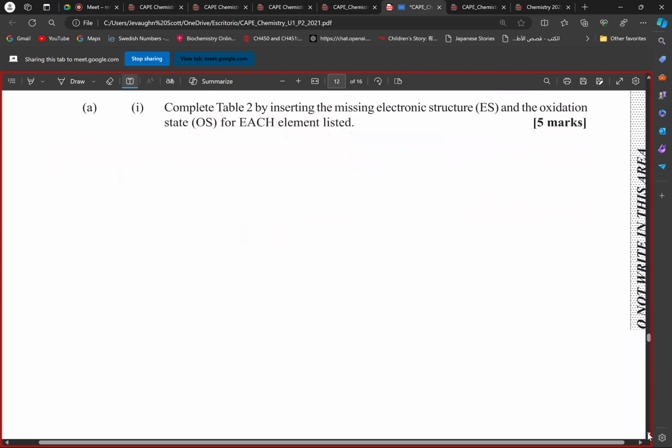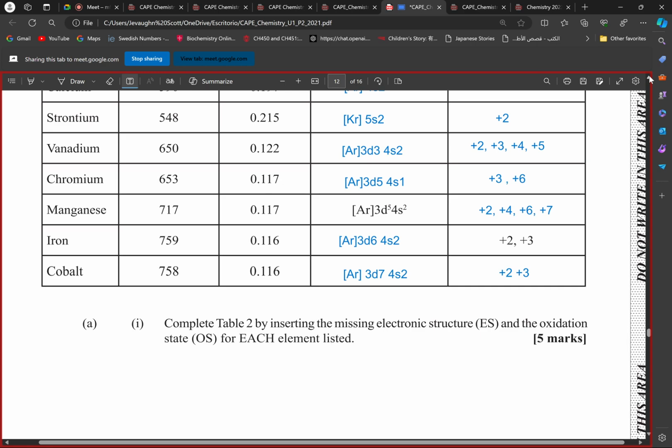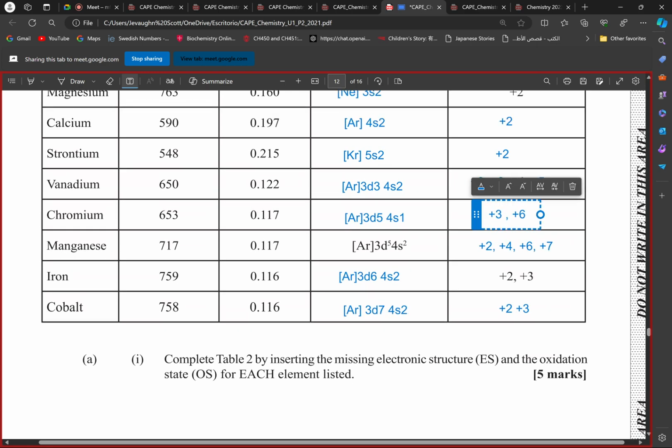Sir, for chromium, why did you not put the oxidation state of +2? We normally see +3 and +6 oxidation states for chromium.